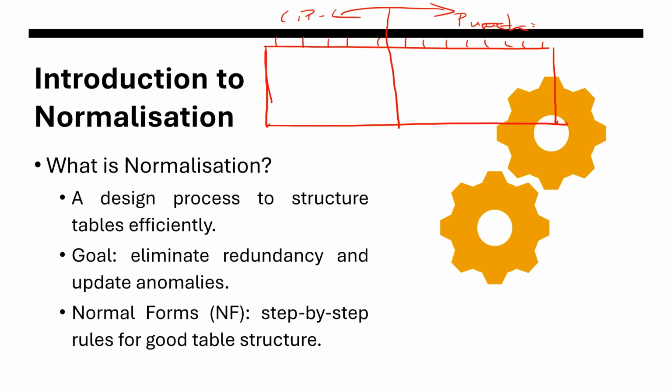So normalization is a process of reorganizing data into multiple related tables. For what purpose? It's mainly to reduce duplication. That's one of the reasons why you want to normalize.